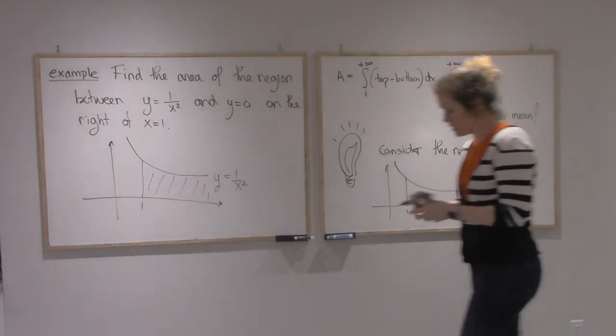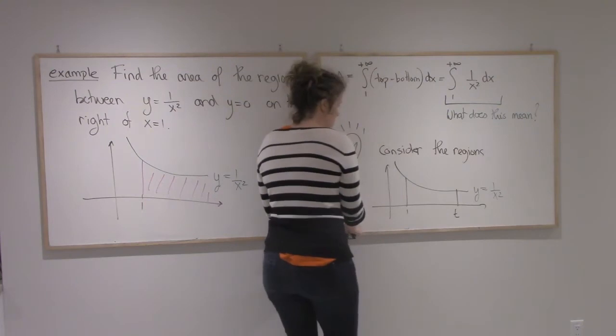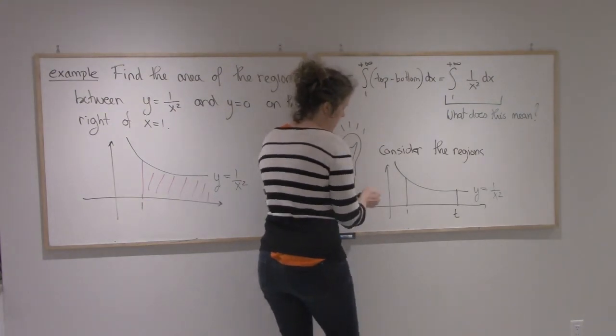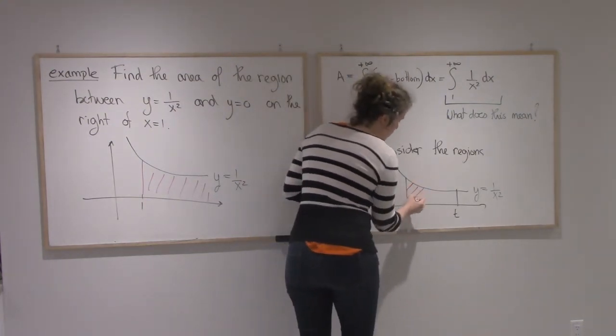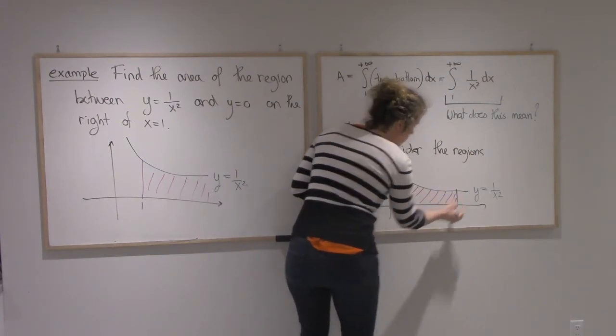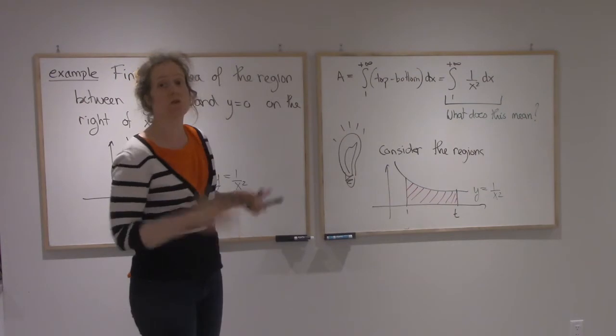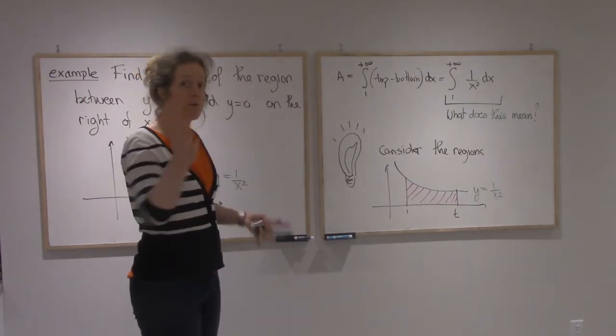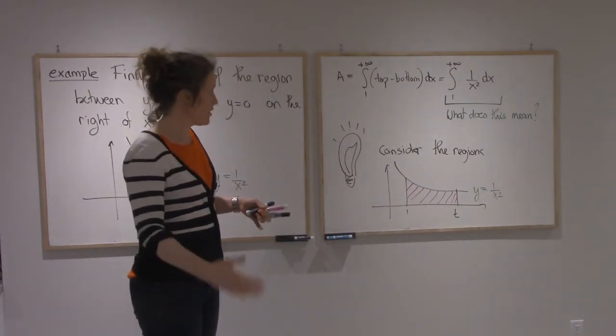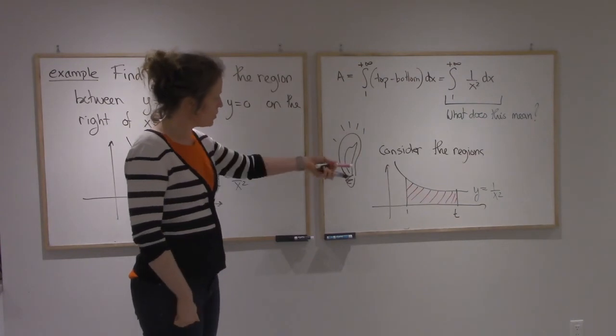So I'm going to look first at this area here, not from 1 to infinity, but from 1 to t. This is a computation that we can do. It's a finite interval, so I'm going to use the definite integrals that we're used to.